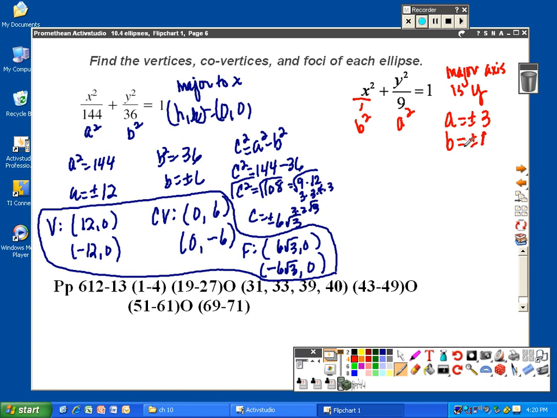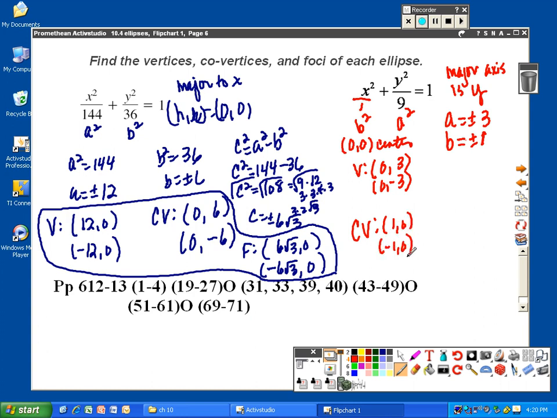Since it's major to y, I will be moving up and down. My center is 0, 0. Up and down will affect the y. So my vertices are at 0, 3 and 0, negative 3. Co-vertices will affect the x. Since x is 0, I will go 1 to the right and 1 to the left. That's 1, 0 and negative 1, 0.